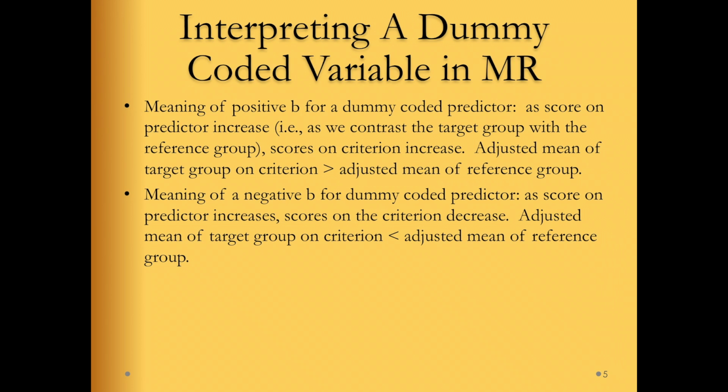Remember that the means are being adjusted for the presence of other variables in the model. For an independent variable with a negative b, as the score on the predictor increases, or as we consider the target group, scores on the criterion decrease. A significant finding tells us that the adjusted mean of the target group is lower than the adjusted mean of the reference group.